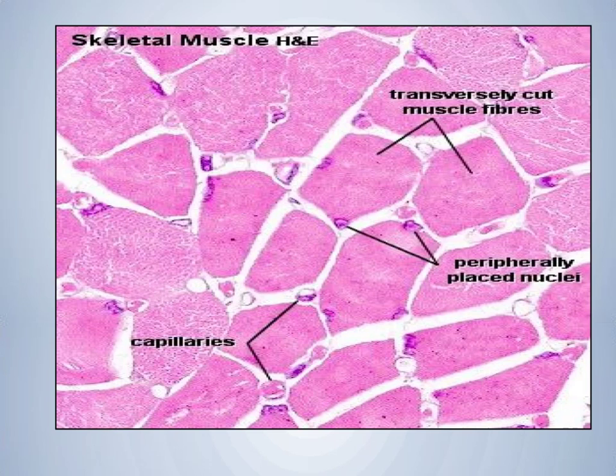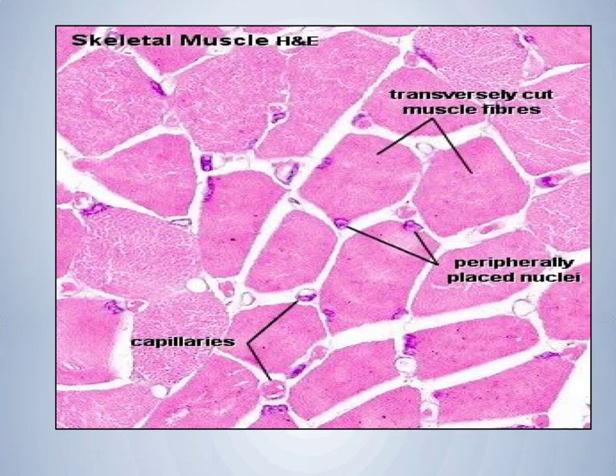Also we have two different types of skeletal muscle fibers. We have this one which is dark and one which is lightly stained. So this is the red fiber and this is the white fiber.